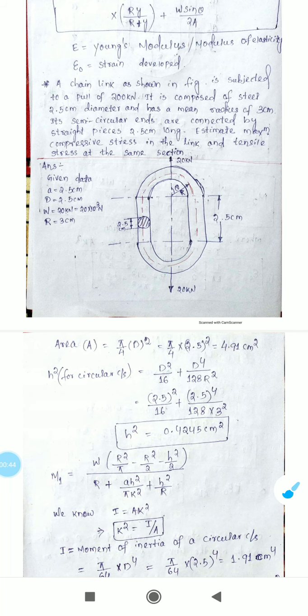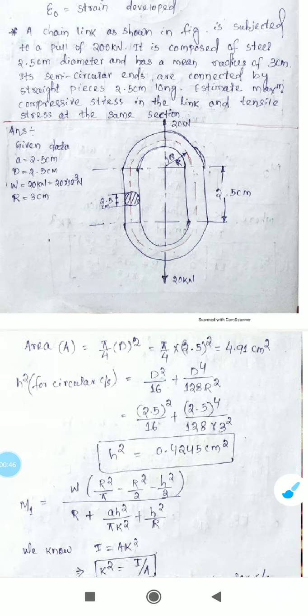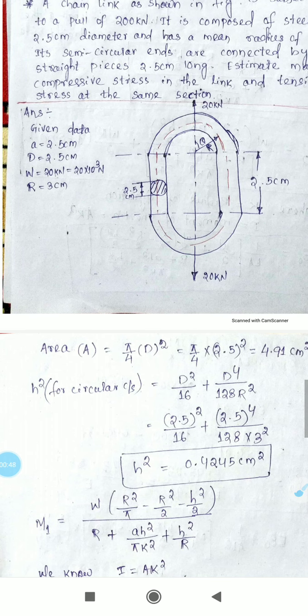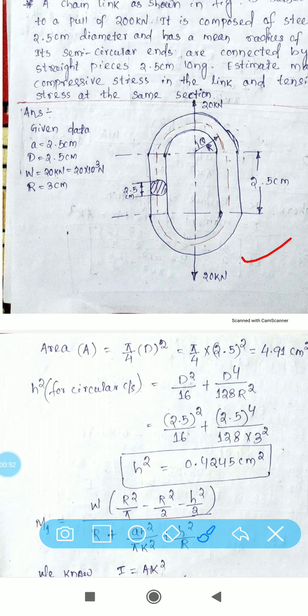So this is your problem. See, a chain link. This is the chain link which is given in the problem. In this case, the distance of the straight piece is 2.5 centimeter. This is your a. a is equal to 2.5 centimeter.